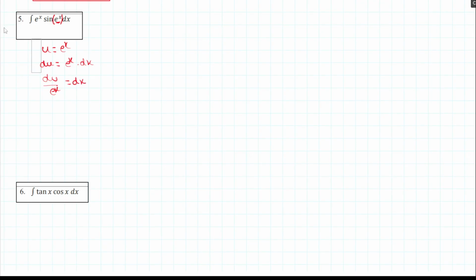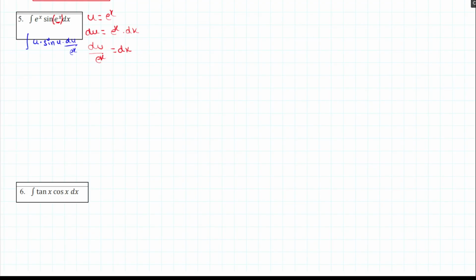So let's put aside. Now this integral becomes integral e power x, and e power x is u, and sine u, and dx equal to du over e power x.